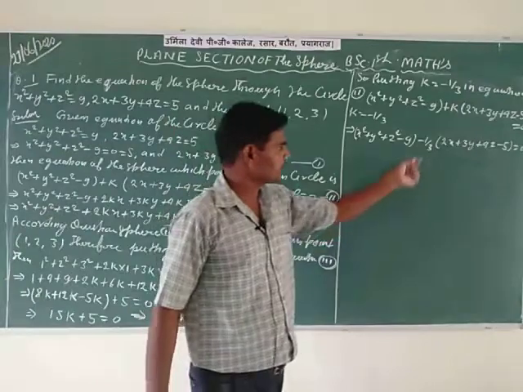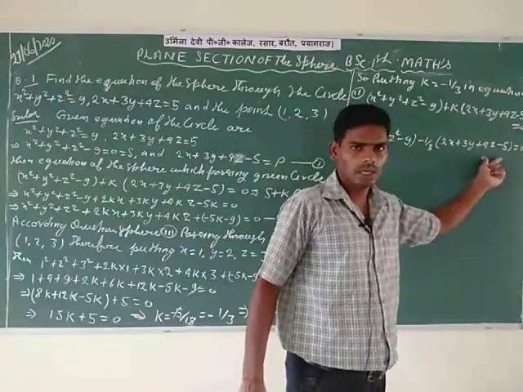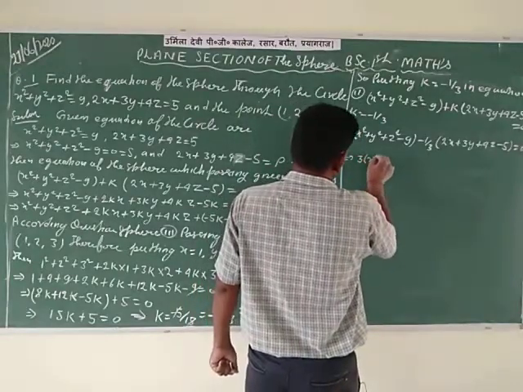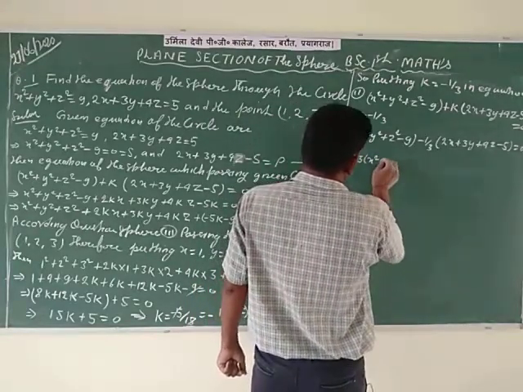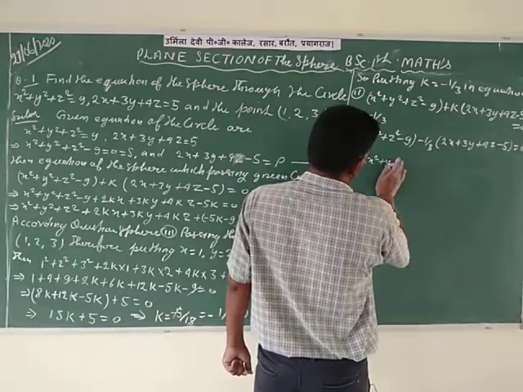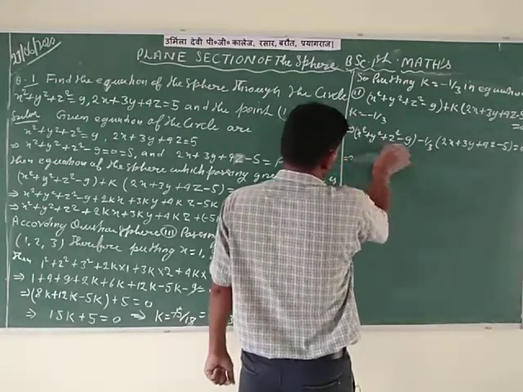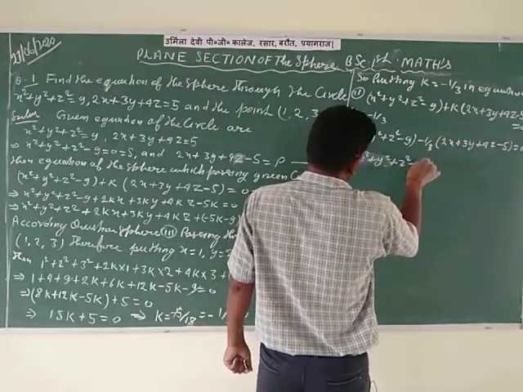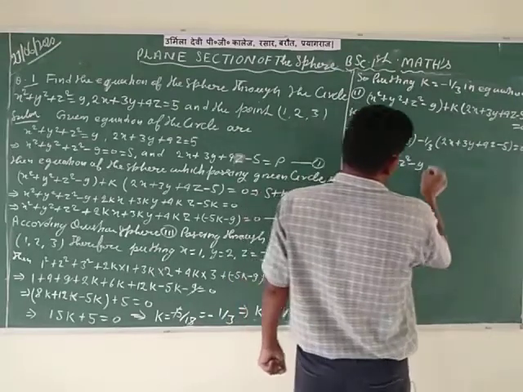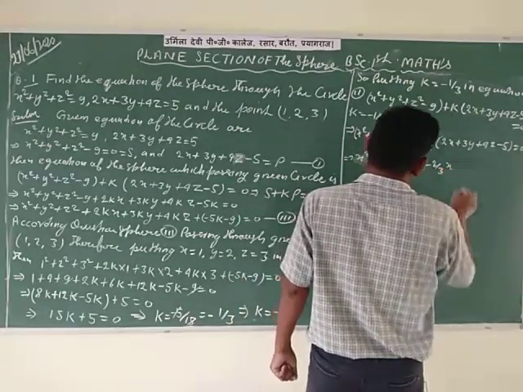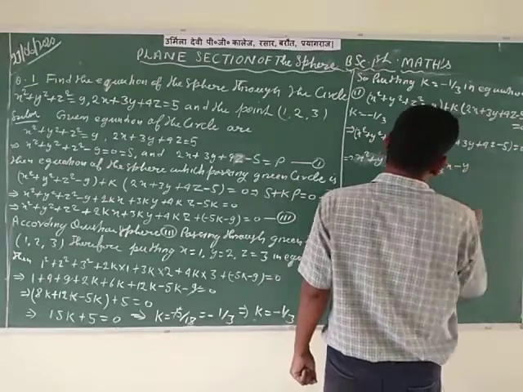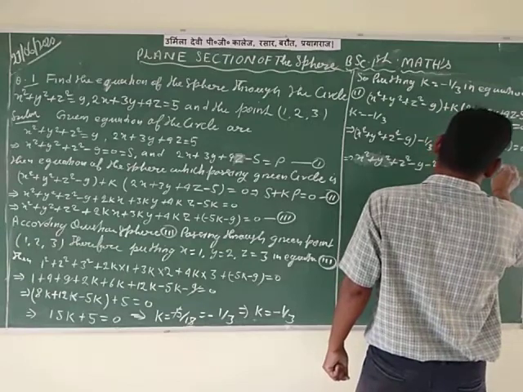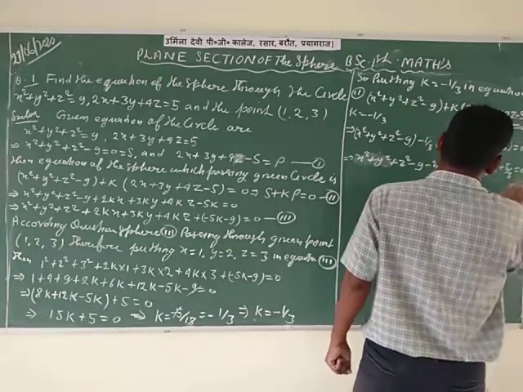Therefore, here multiply by the LCM, 3. So x square plus y square plus z square minus 9 minus 2 by 3 x minus y minus 4 by 3 z plus 5 by 3 is equal to 0.